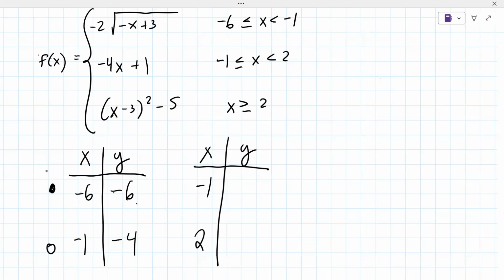Okay, I'm back. Go ahead and put these two x values into that middle piece.